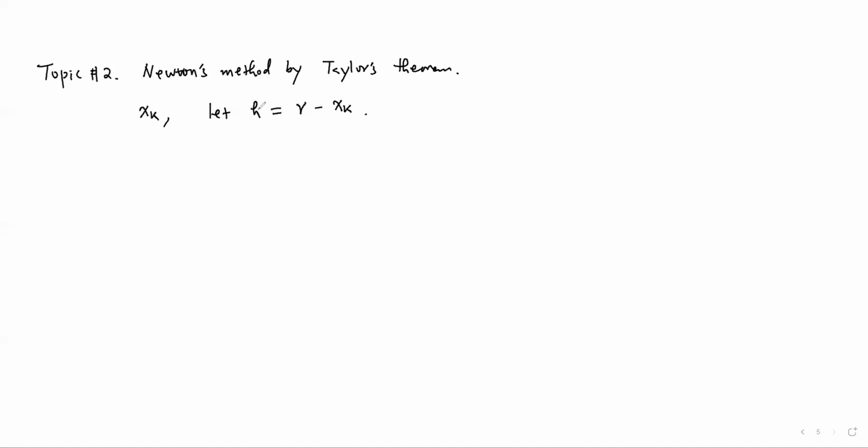Now, I use Taylor's theorem to estimate h. Okay. So, of course, from this equation, if I move xk to the left side, then the true root is equal to xk plus h. Now, I want to obtain h.